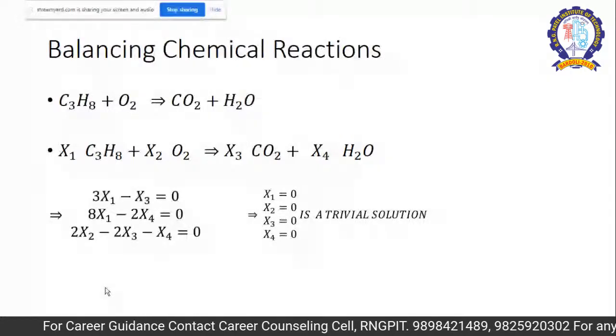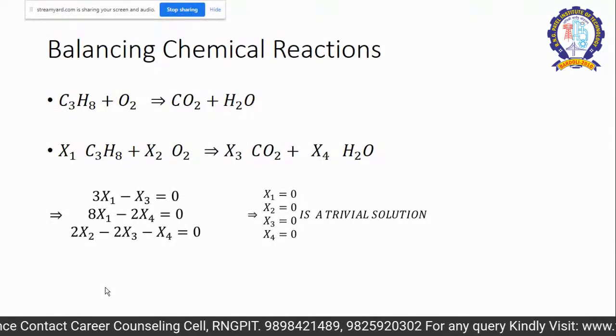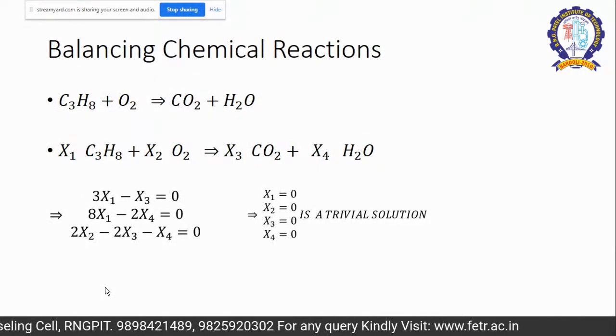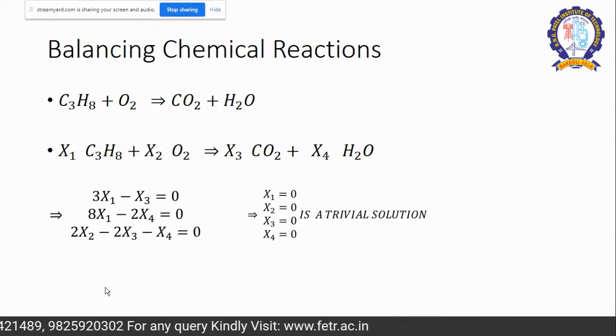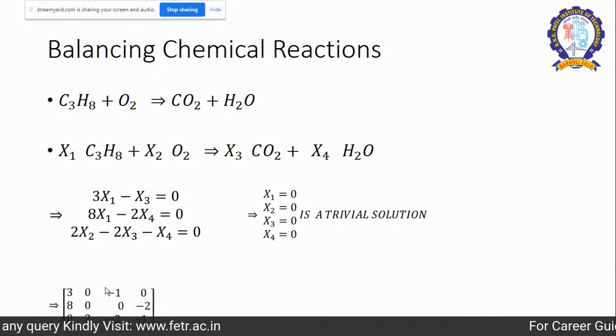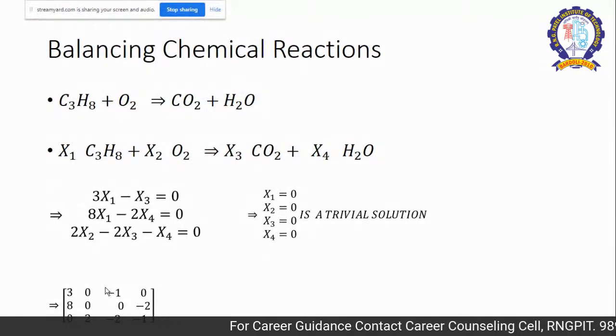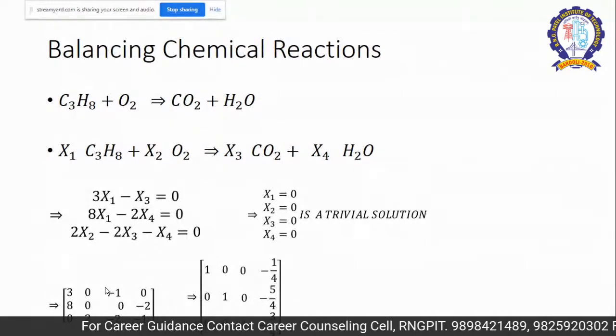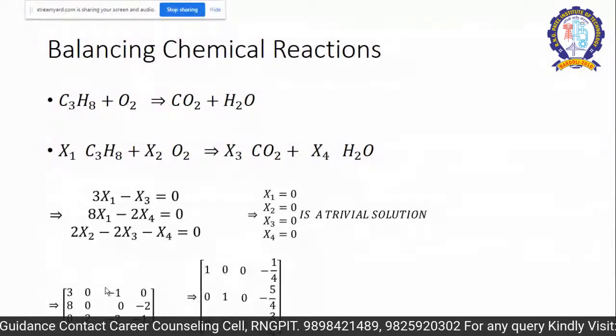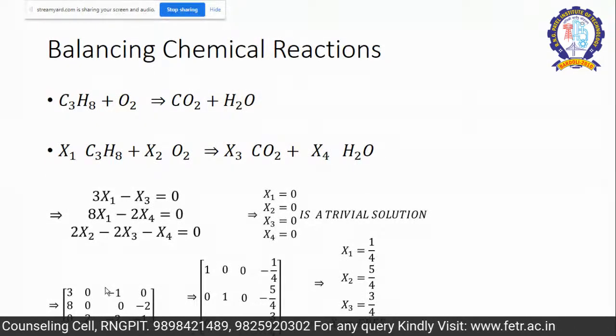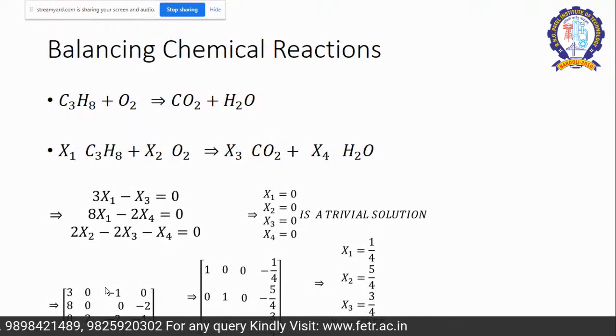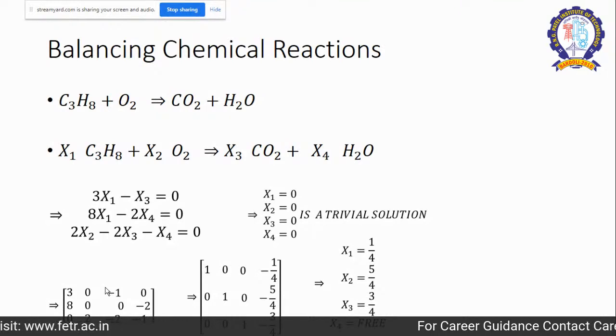When x1, x2, x3, x4 are all 0, it is a trivial solution and does not make any sense, so we look for the other solution. We convert into matrix form, then reduced row echelon form, and get the values: x1 equal to 1/4, x2 equal to 5/4, x3 equal to 3/4, and x4 is free, so it becomes 4.